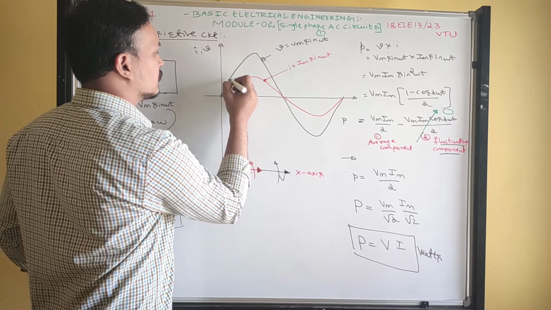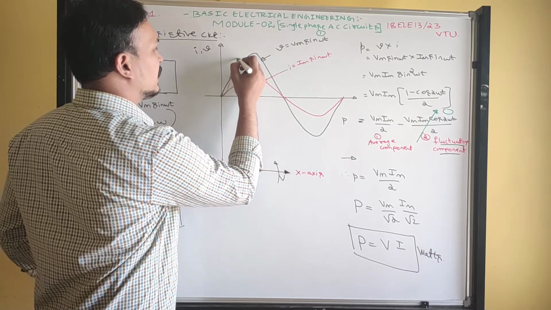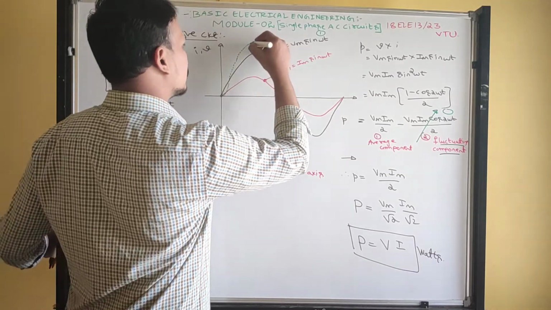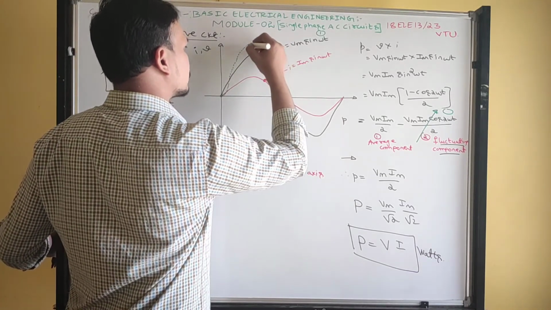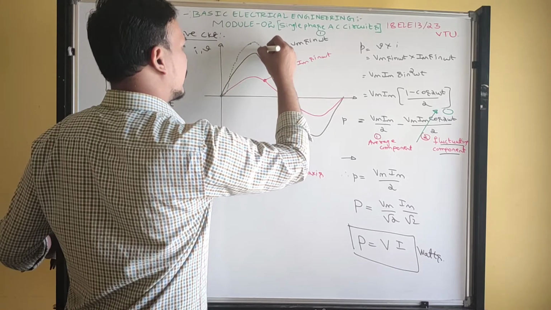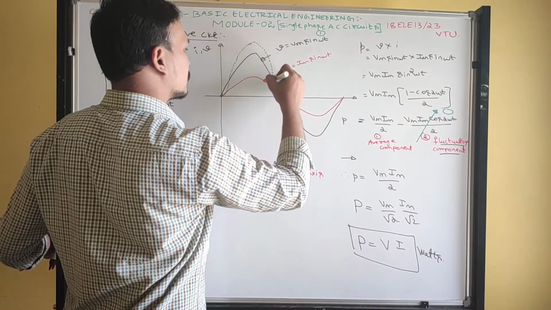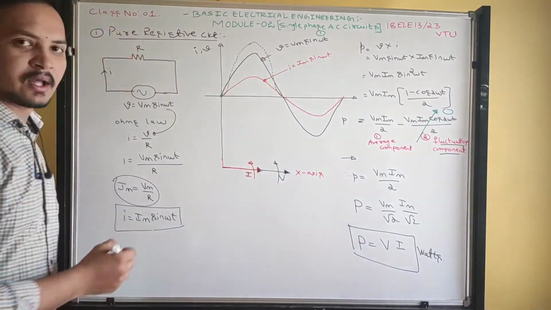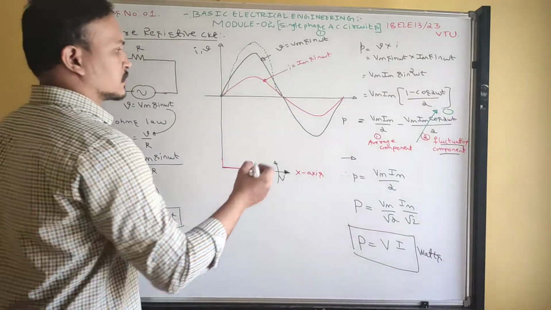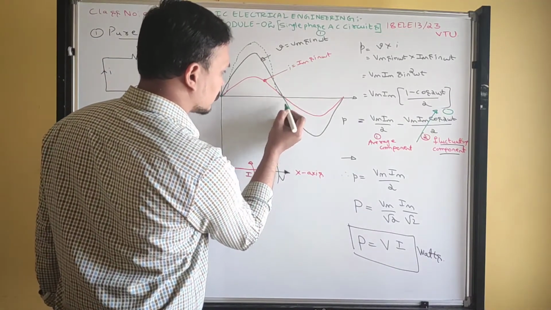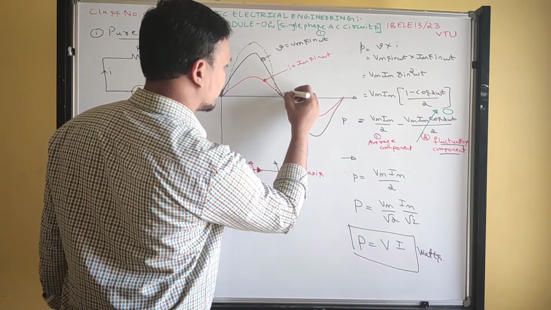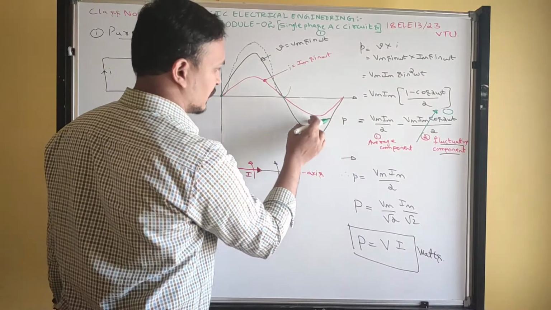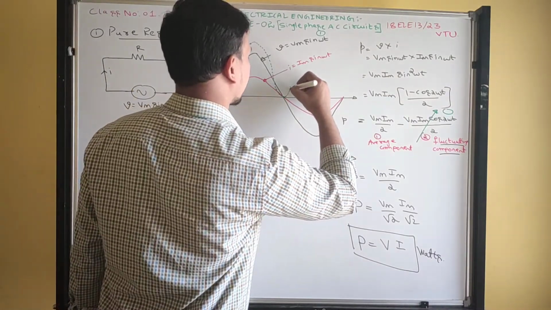The power value increases, and finally it reaches maximum value at some instant, because both are maximum, power is also maximum, and again the power value decreases. Finally at this instant you will get 0. Similarly, negative to negative: negative times negative is positive, so if I multiply these two waveforms you get a positive power waveform.